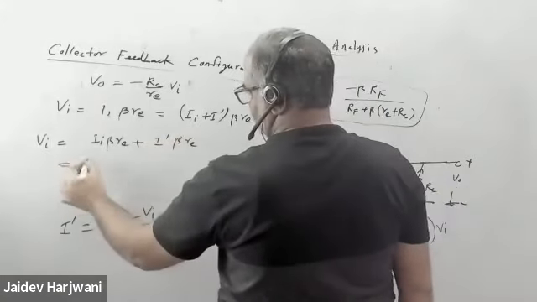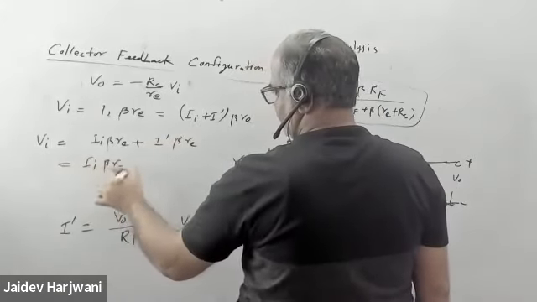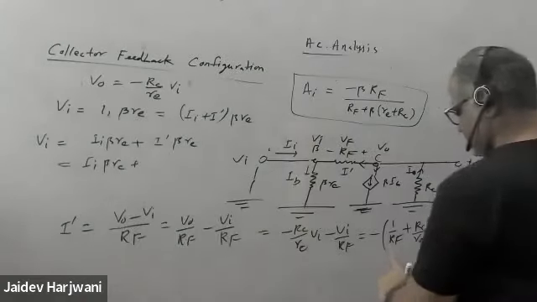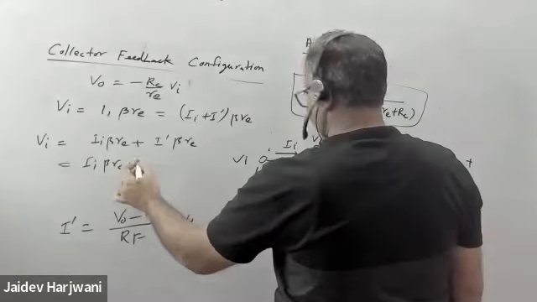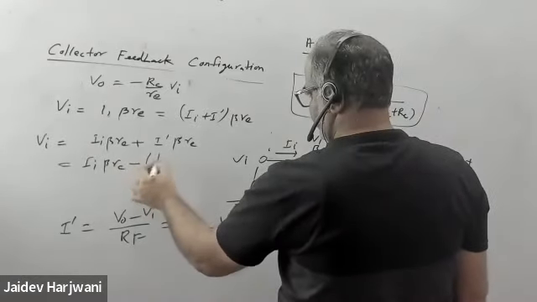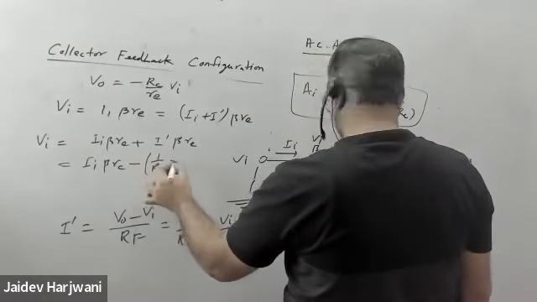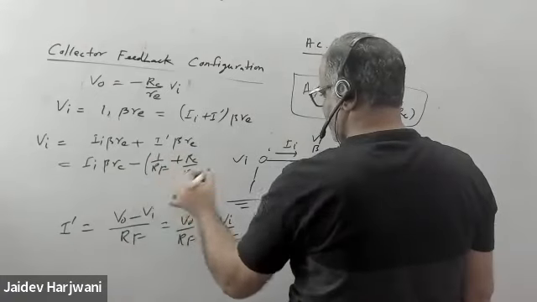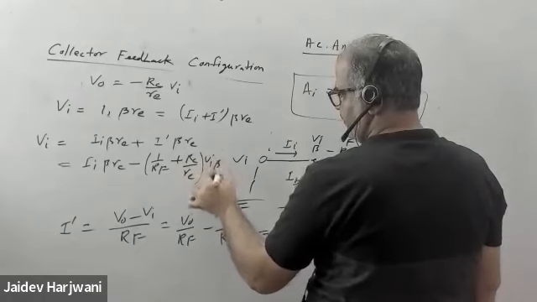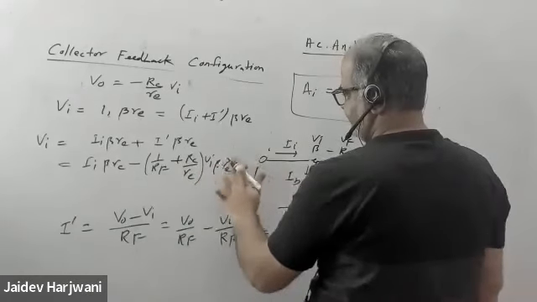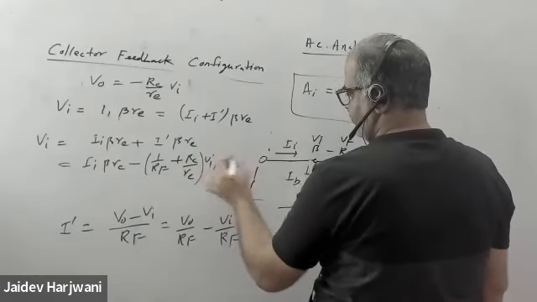So I input beta RE plus I dash value, and I dash value is minus 1 upon RF plus RC upon RE, V input beta RE.